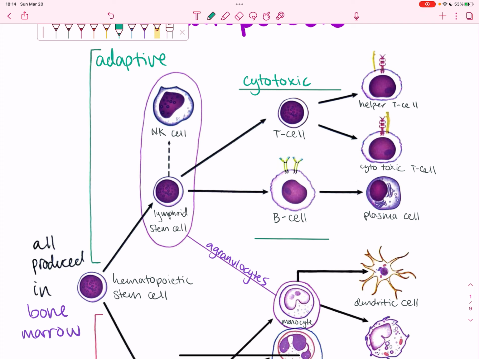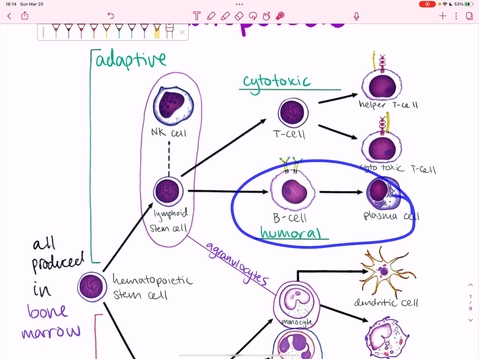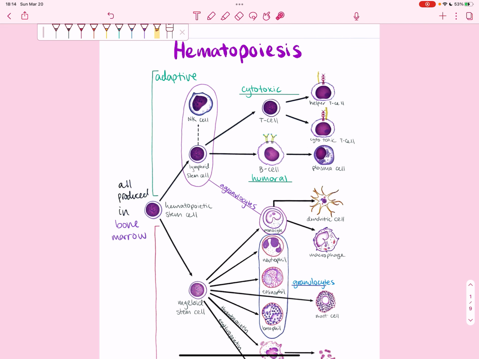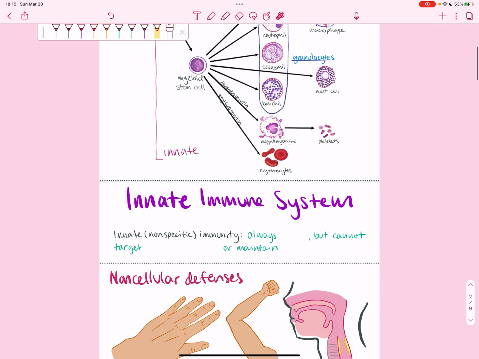And then there's what's called your humoral immunity. So cytotoxic immunity involves all your T cells, and humoral immunity involves your B cells and plasma cells. And we will get into that later. Okay, so let's move on.